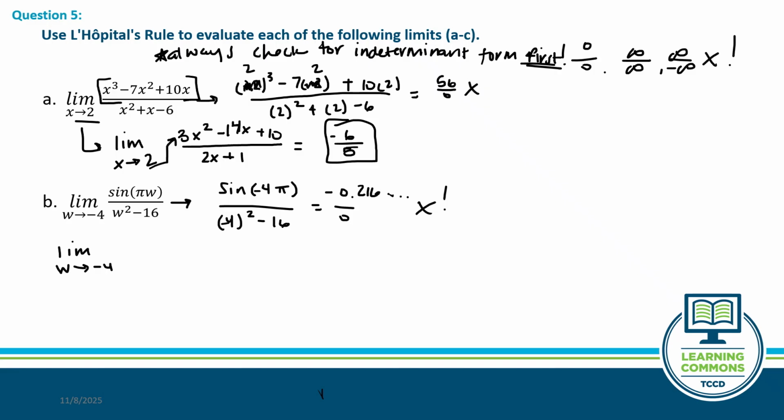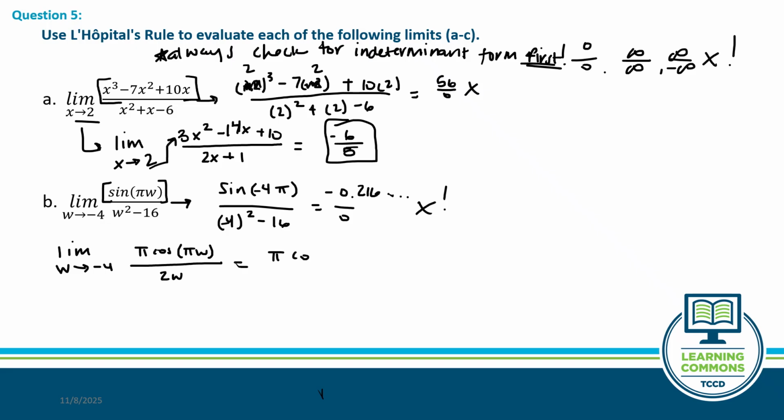Exactly. So the derivative of sine is going to be cosine pi w all over 2w.